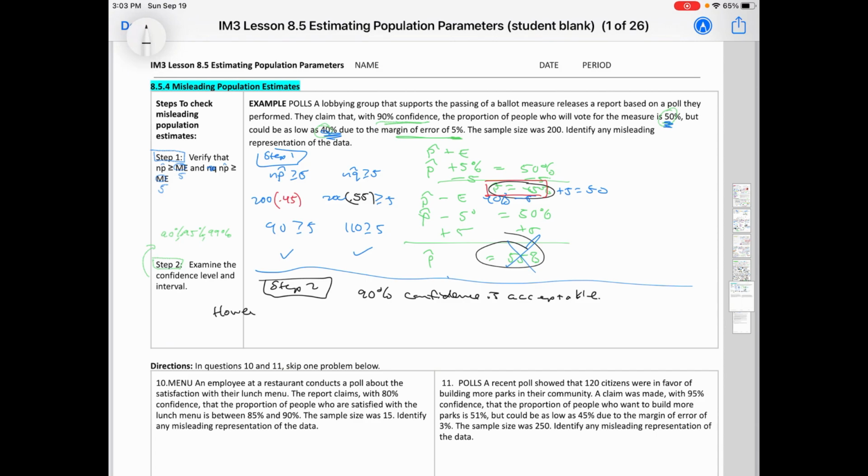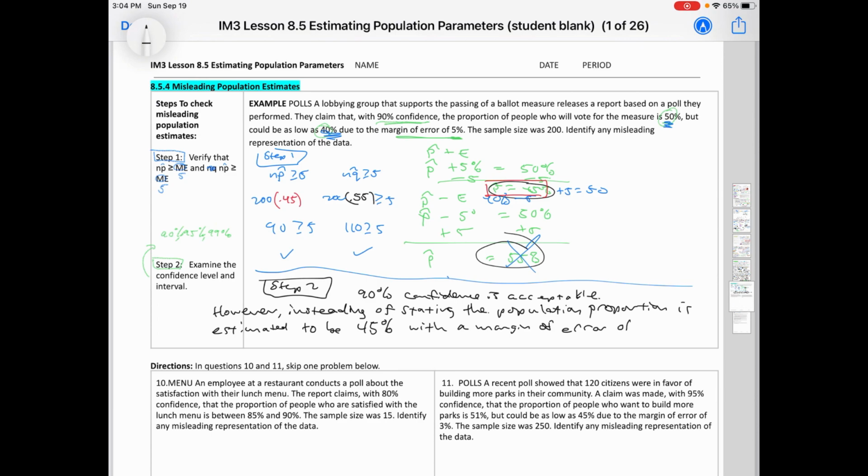However, instead of stating the population proportion is estimated to be 45% with a margin of error of 5%.